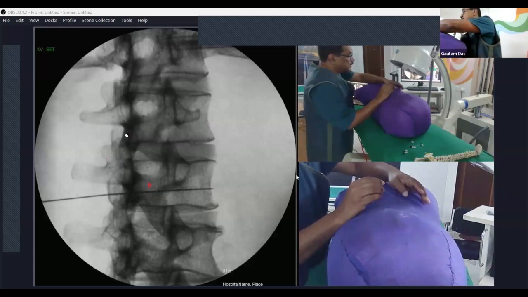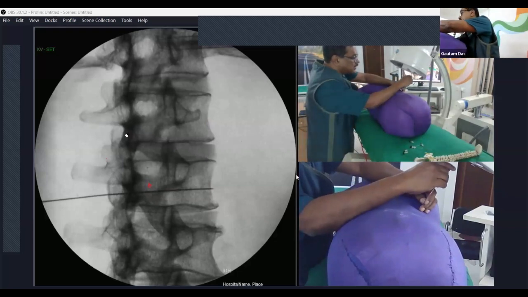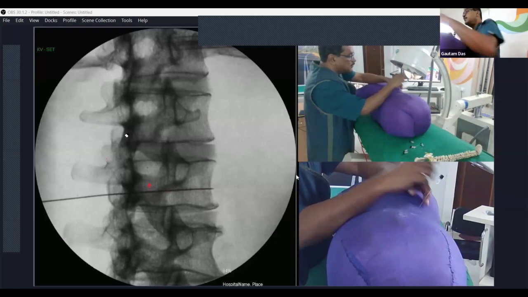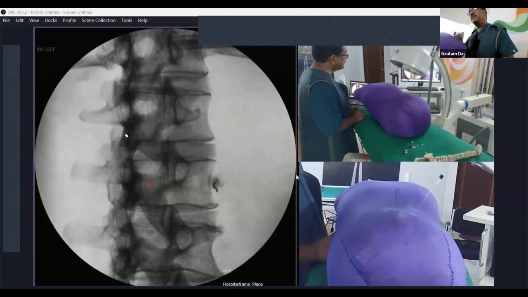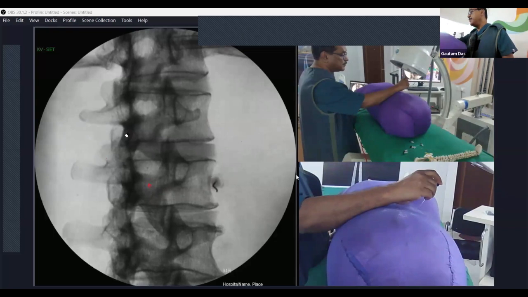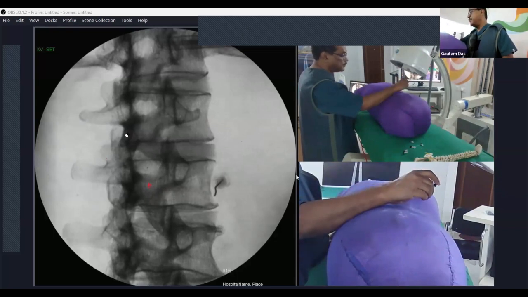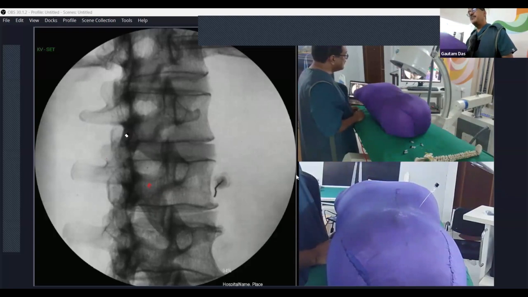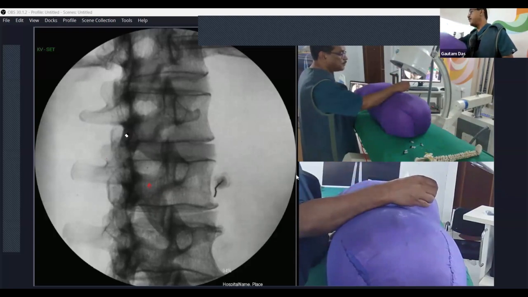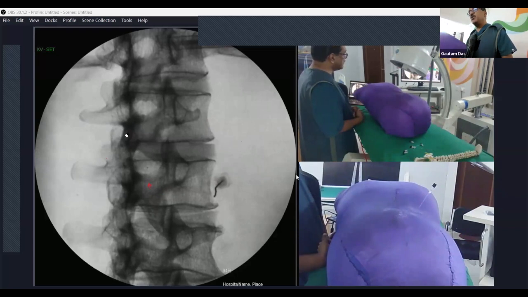Okay, so that is my needle end point. And in the tunnel vision, I'll go, and I'll be touching the vertebral body there.